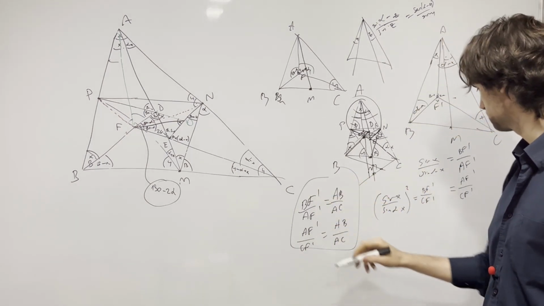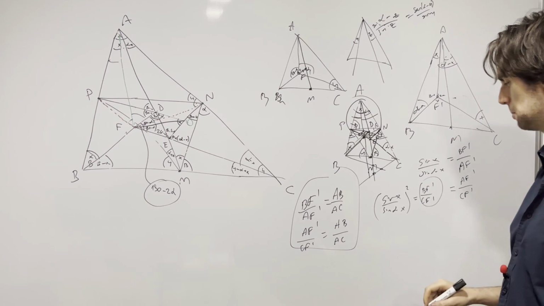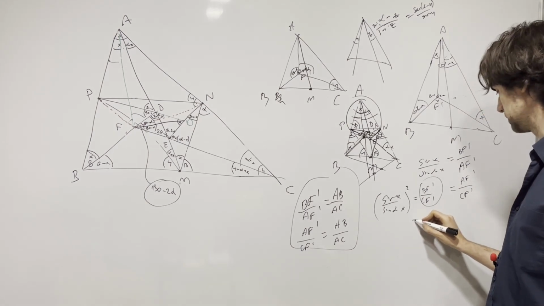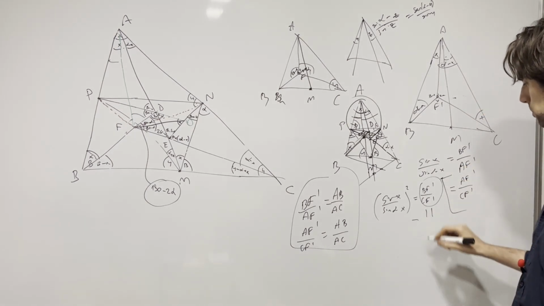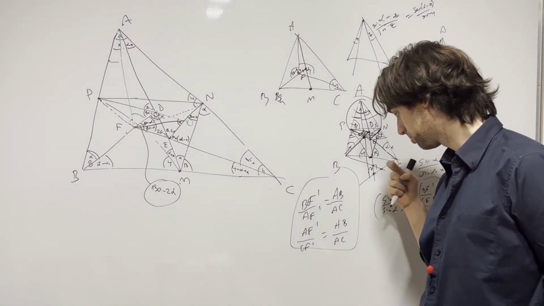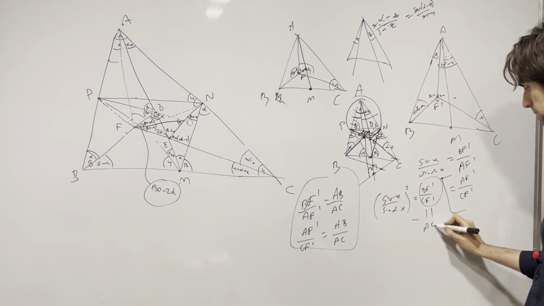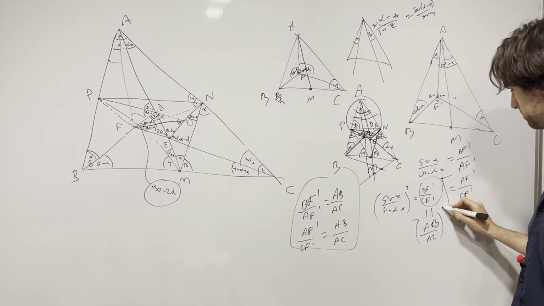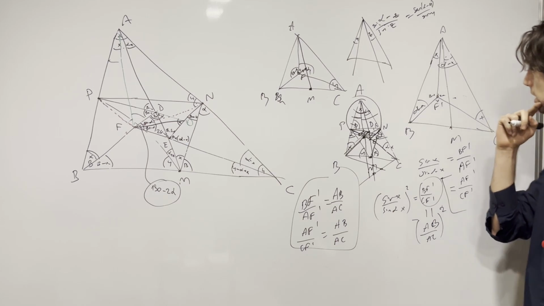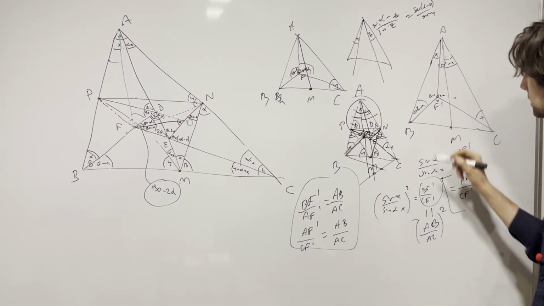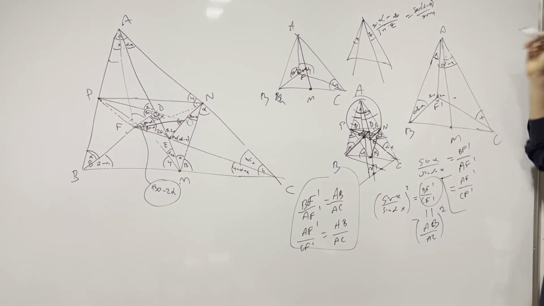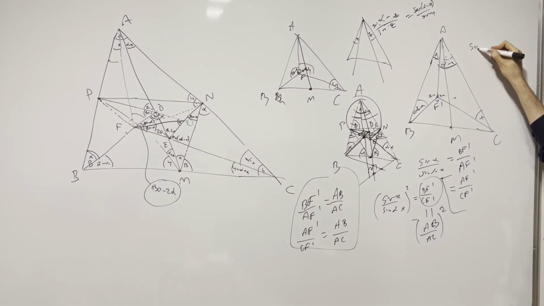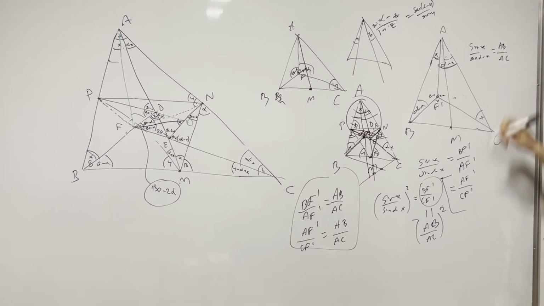When I multiply these through, I'll get that BF prime over CF prime is equal to AB over AC squared. And now I have that sine of x over sine of alpha minus x is equal to AB over AC.